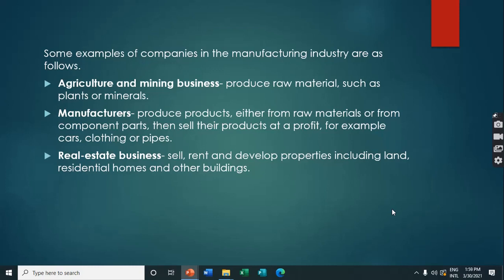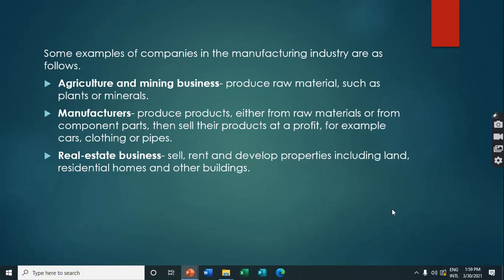So, sell, rent, and develop properties, including land, residential homes, and other buildings. So, bibili ka, magpaparent ka, pwede mo siya i-develop yung property. Gawin mo siyang papagawa ka ng building, and then pwede mo siyang iparent. That is your real estate business pag under manufacturing industry.